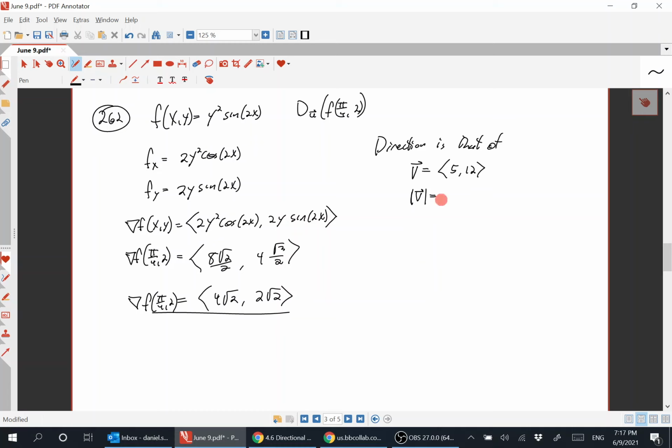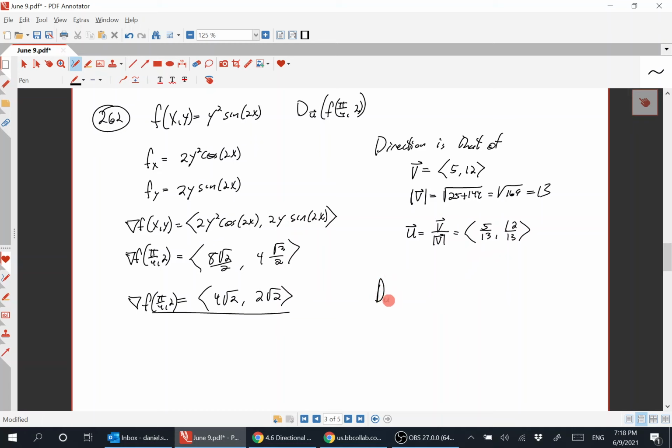So the length of this, 5, 12, that's 25 plus 144, square root, which is 169, square root, which is 13. That's one of the Pythagorean triples, 5, 12, 13. So the unit vector for the direction is v over the length of v. So that's 1/13 of this, so that's 5/13, 12/13. That's a unit vector pointing in the same direction as 5, 12.